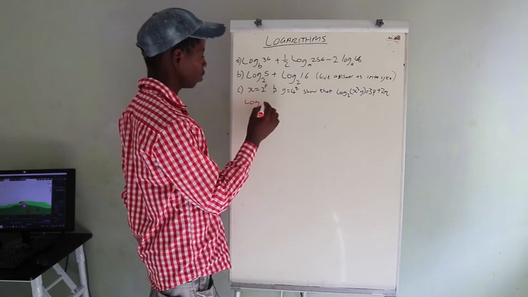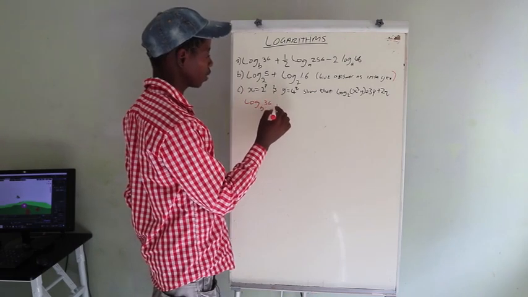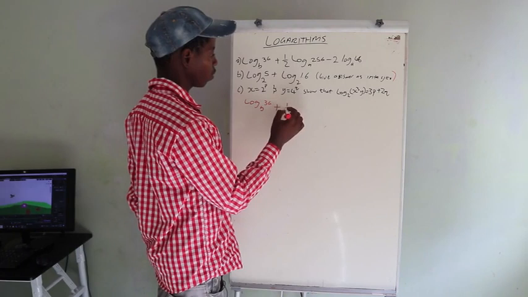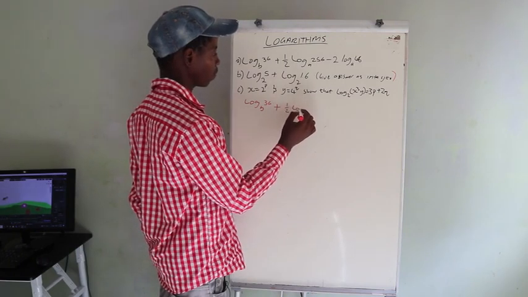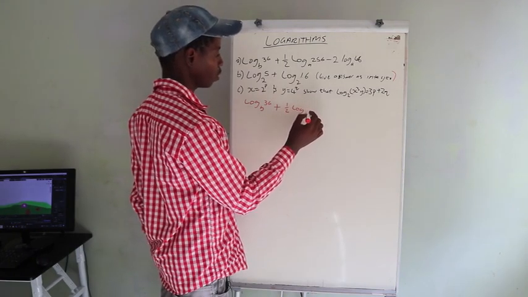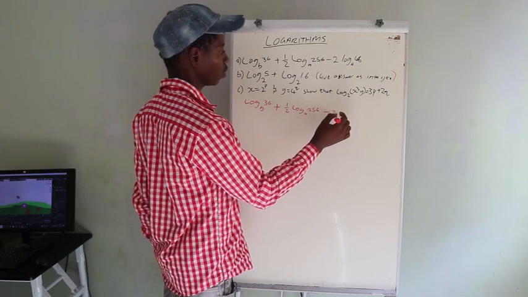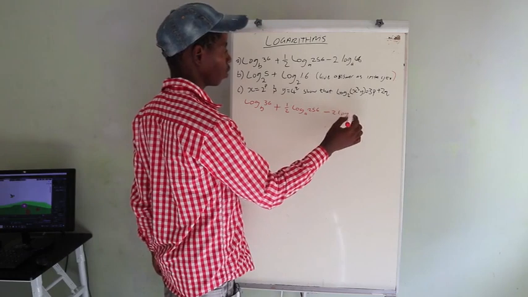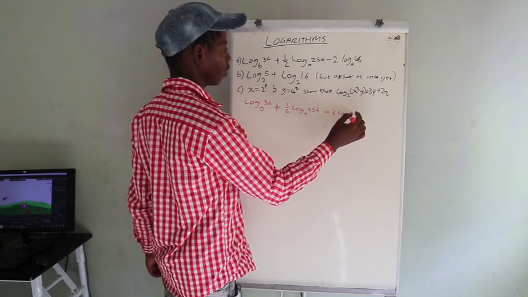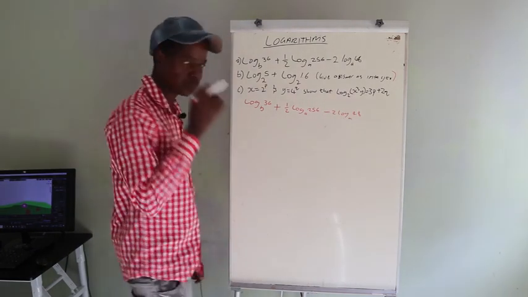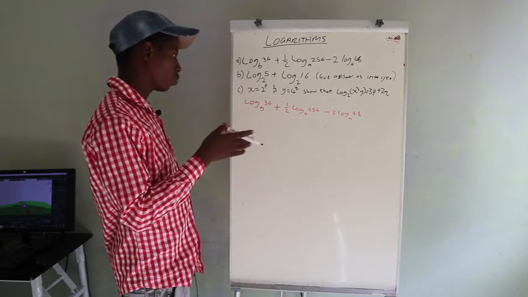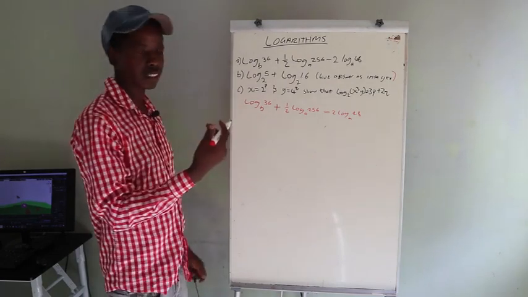Log_a 36 plus half log_a 256 minus 2 log_a 48, right? Let's try to simplify this.